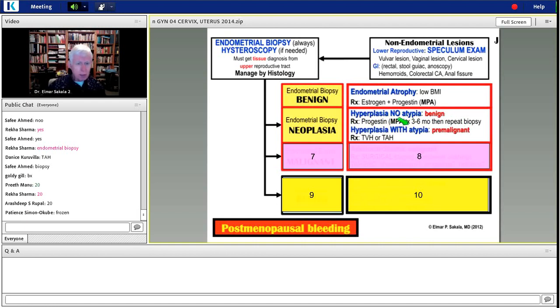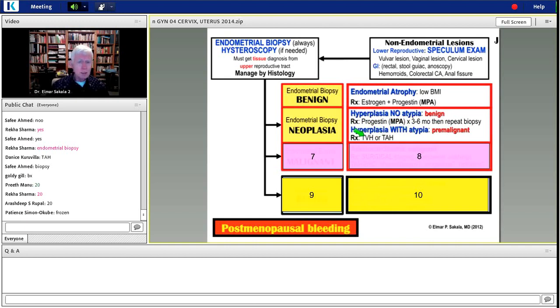But if there is hyperplasia with atypia, now what does atypia mean? Atypia is where you're looking at the nuclei, at the nuclear line, and you have hyperchromatism, you have darkness, you have dark, heavy nuclei. That would be atypia, and that is premalignant. 30% of patients with hyperplasia with atypia will go on to develop cancer.